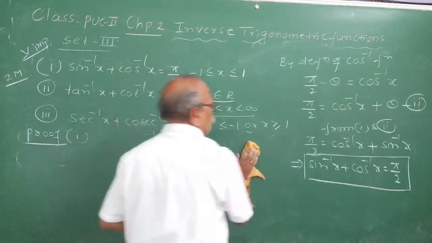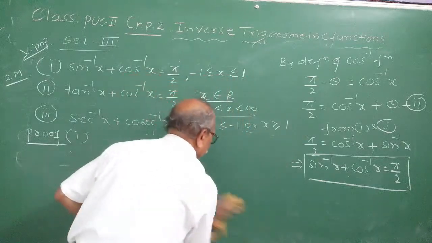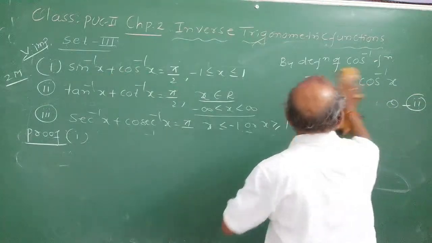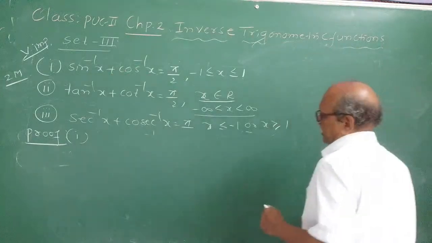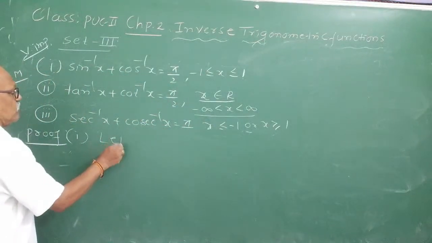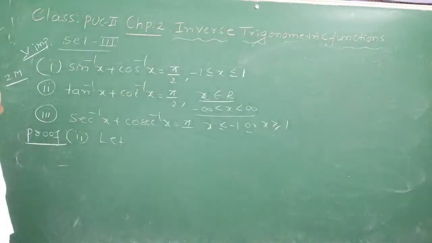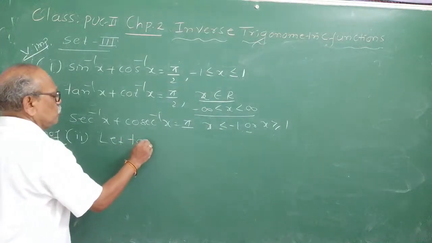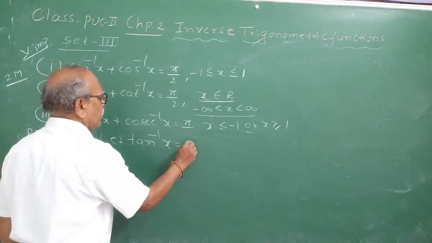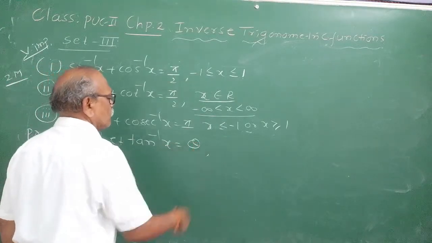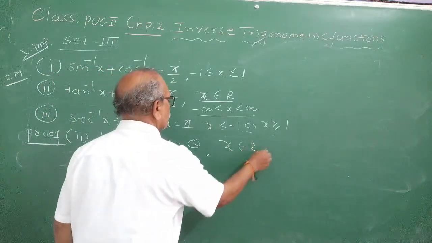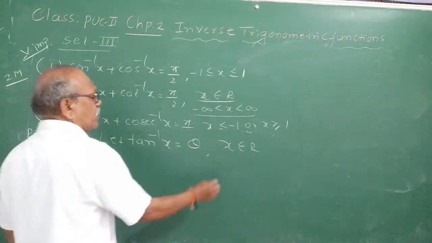Let us prove the second one. Try to prove this. Okay. We'll take the second one. Tan inverse x is equal to, let us say, theta. Where x lies between what? x belongs to real numbers, then theta will lie between what?